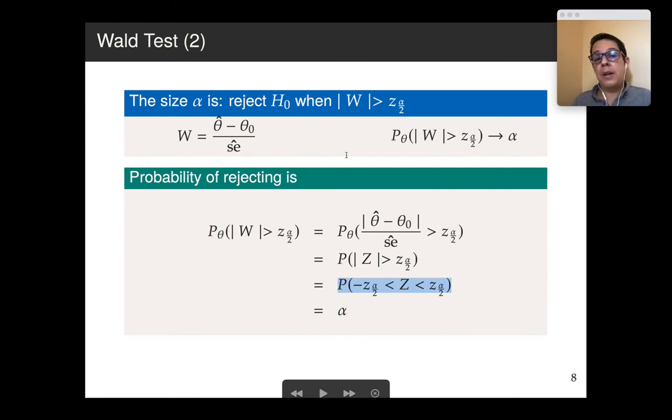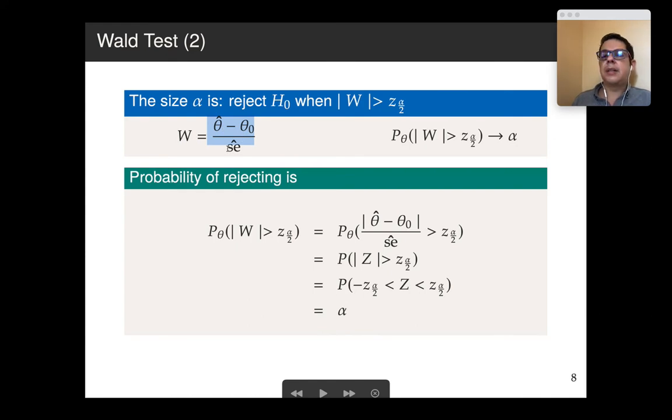What I want you to remember is this part, the absolute value of this equation. This is the statistic that we are looking for. The statistic that we are interested in is this part.